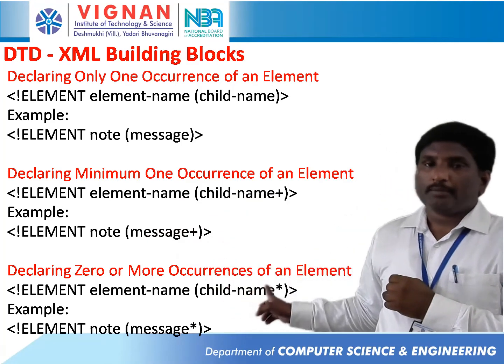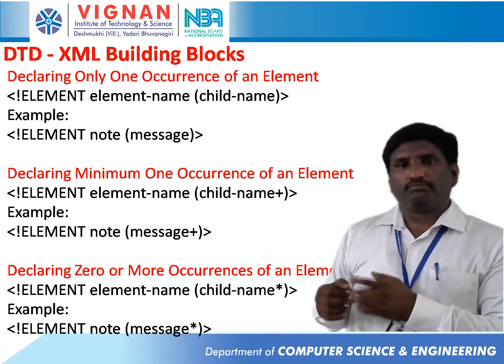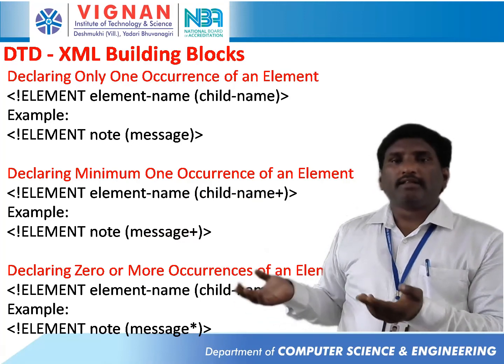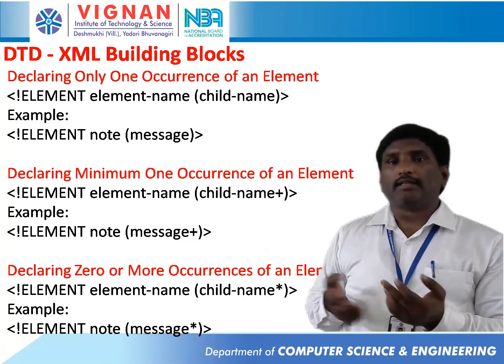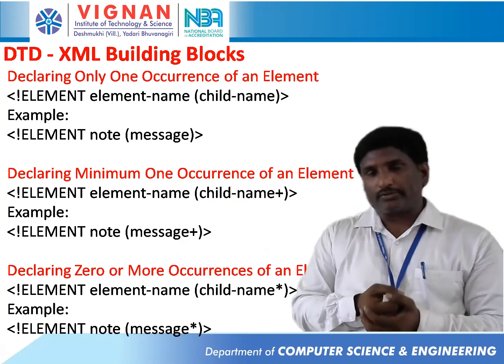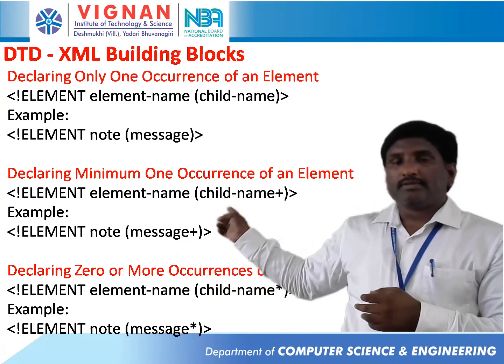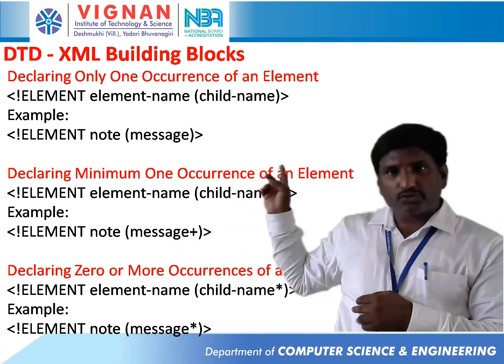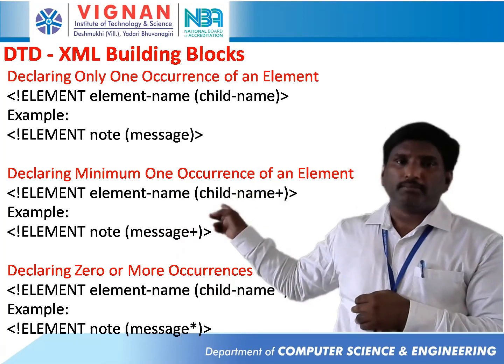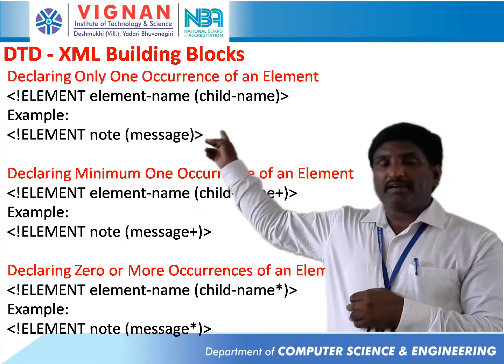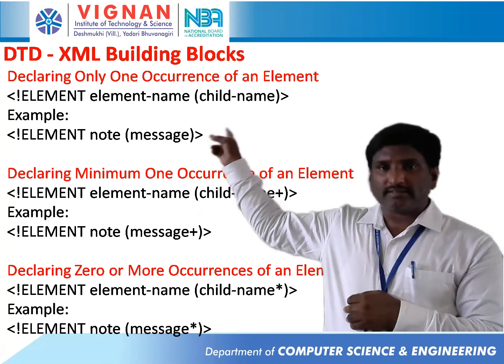And star means 0 or more occurrences. Sometimes the user may not be able to enter child elements at all. In that scenario we should go for star. Sometimes the user has to enter at least one element; in that scenario we go for plus. So the elements we have written are used as sub-elements.